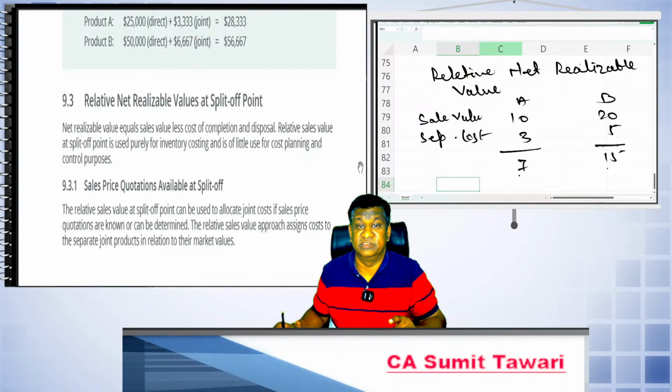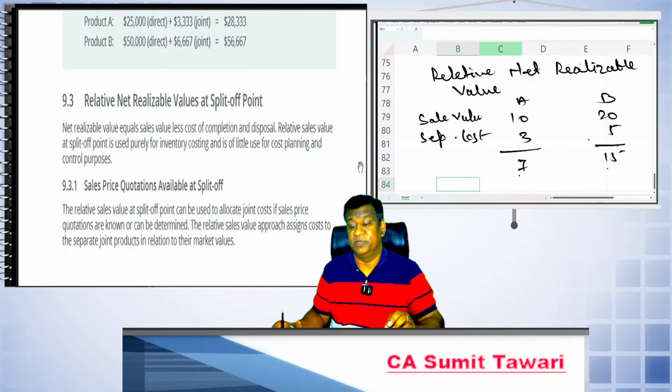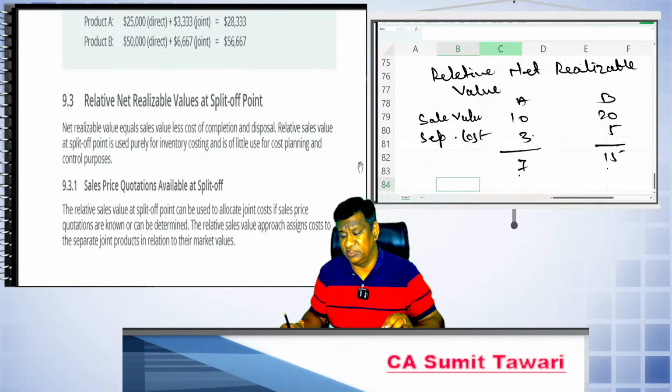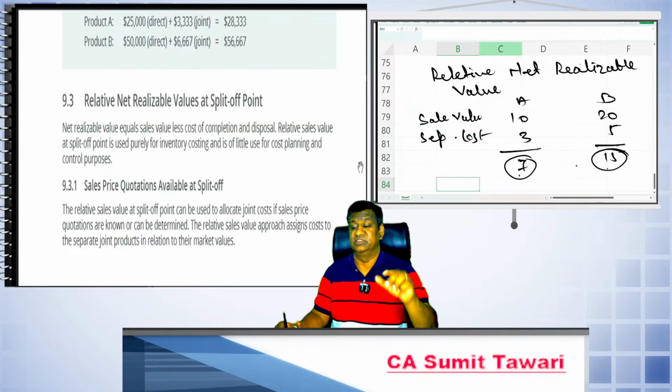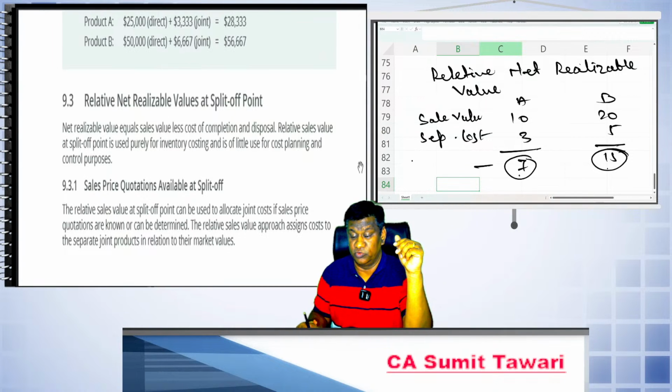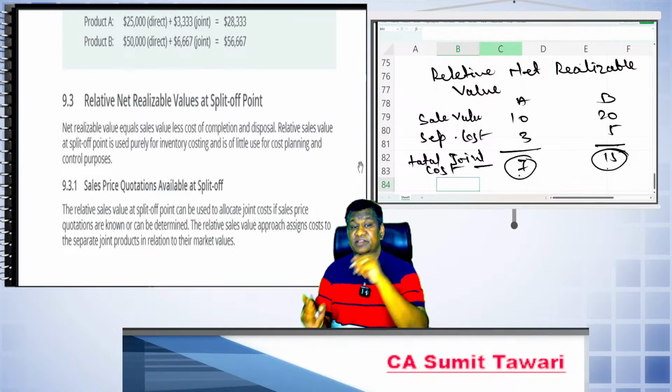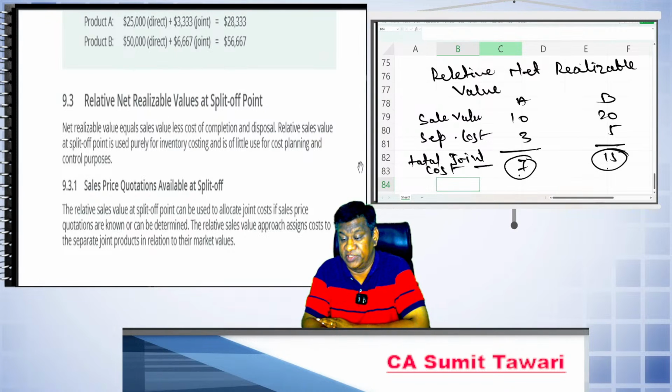So that you need to consider: cost of completion and disposal. Here separable cost means disposal and everything is covered here. So net realizable value at split-off point is 7 and 15. That would be the ratio we need to consider for allocation of the total joint cost. That is the net realizable value at split-off point concept.